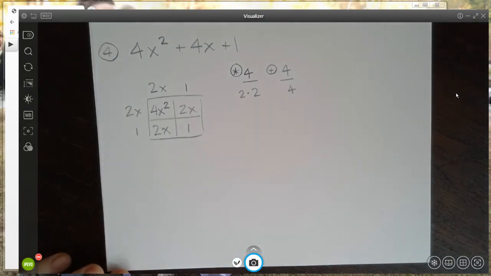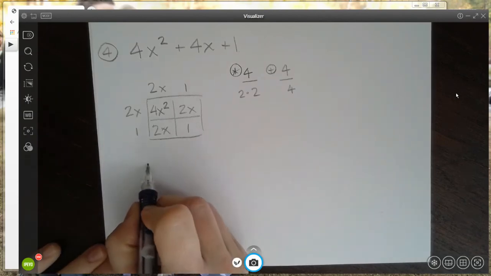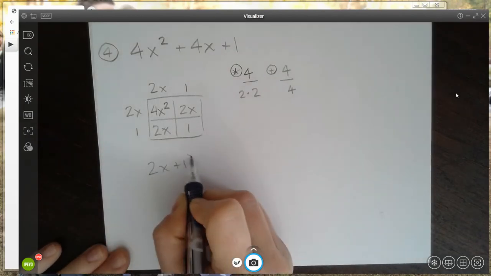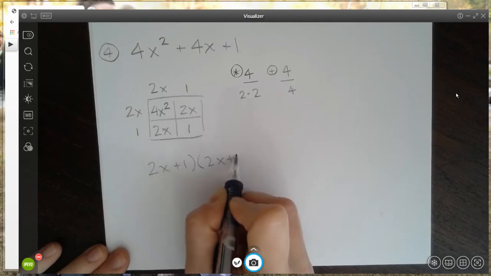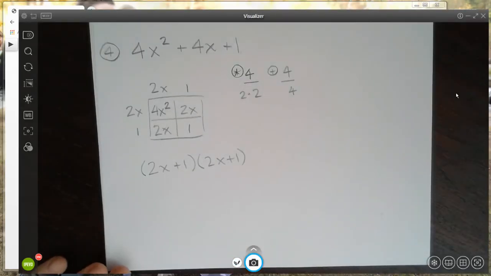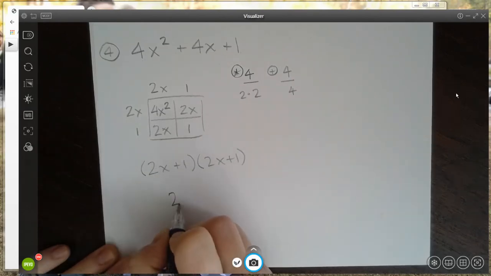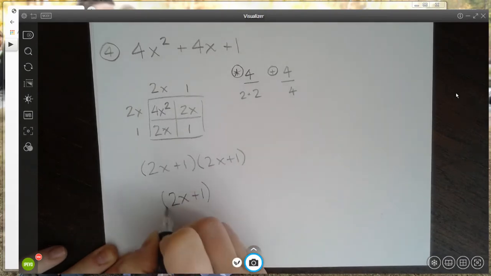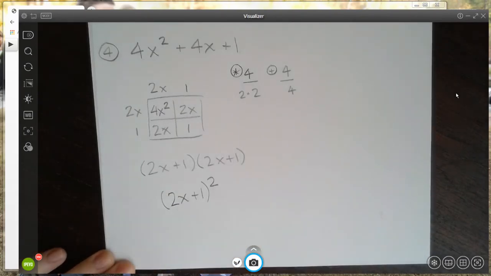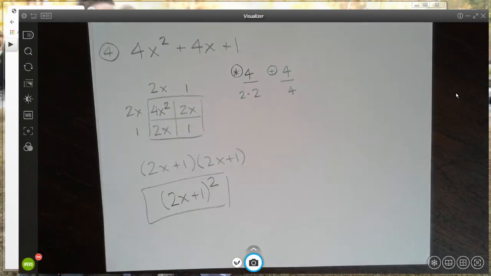And you should notice at this point that both sides are exactly the same. That means I would write 2x plus 1 times 2x plus 1. However, if I have the exact same thing multiplied by itself, really I would write it as 2x plus 1 squared.